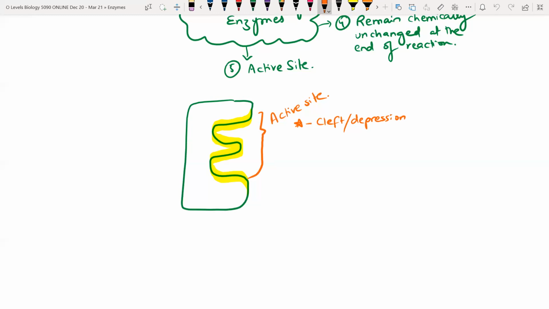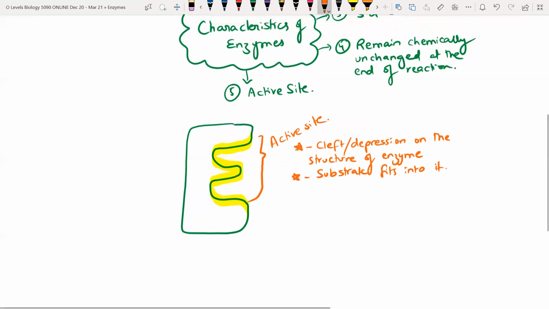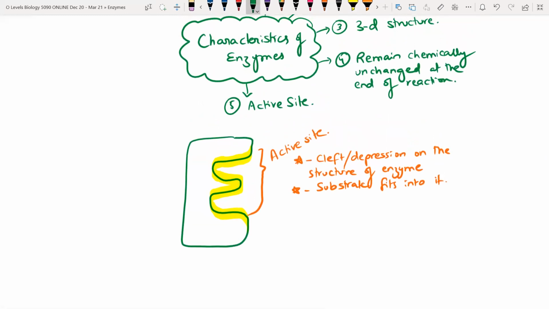It's a cleft or a depression on the structure of the enzyme. And the substrate fits into it. Yeah, every substrate can fit into it. Well, no. That brings us to the next point, which is they are very specific in nature.